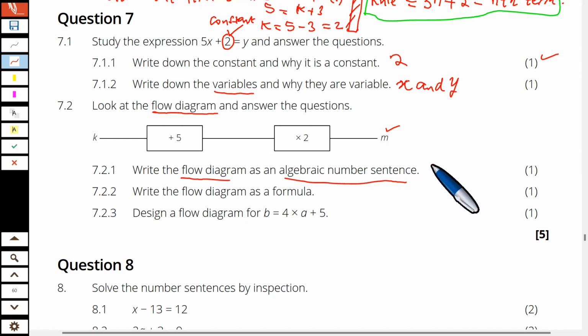So the output. So here, right. So we're getting the output. What is the output here? So the output is M, and then you start with the following.